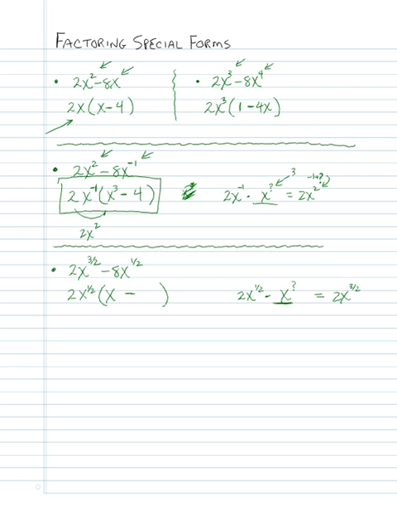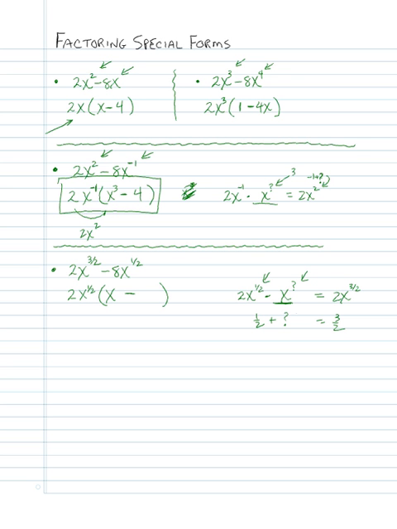What does that power have to be? Well, look, we have to take the exponent 1 half that we have here, plus the power that we're going to have to put on this x right there, and that's got to give a power of 3 halves, doesn't it? So we got to figure out what that must be.